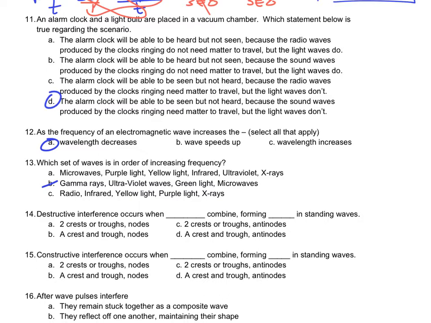Radio is on my far left of the spectrum. Then we've got infrared. And then yellow and purple. Is it purple and yellow or yellow and purple? Well, in the visible spectrum, it's ROY G. BIV: red, orange, yellow, green, blue, indigo, violet. Violet being purple. And then X-rays. The best answer here is answer choice C.